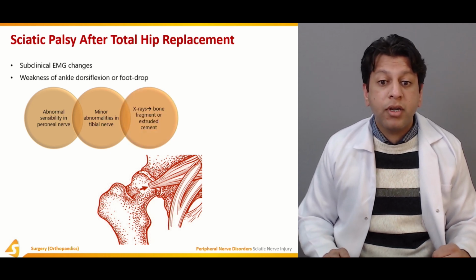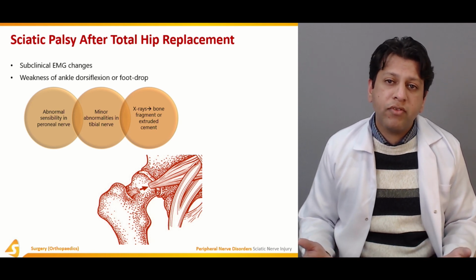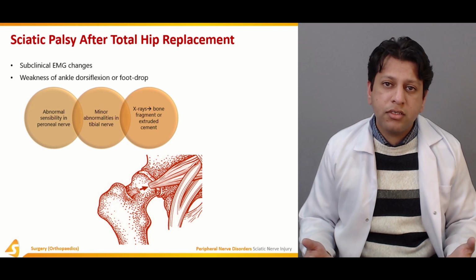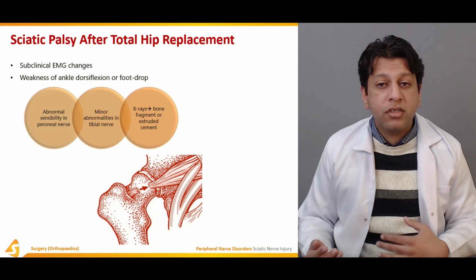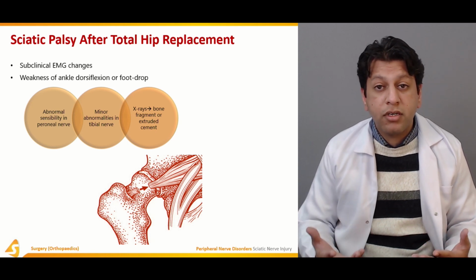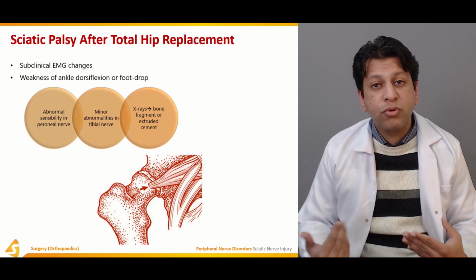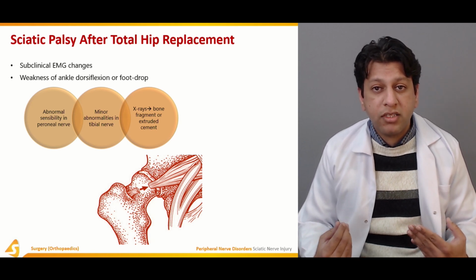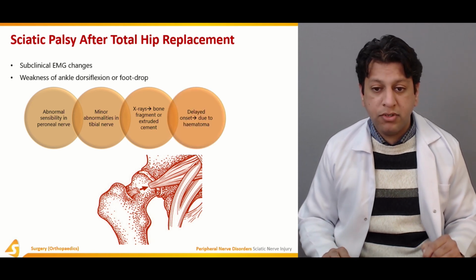Most commonly, if it's cementless surgery, then the common injury is through the traction and the cautery. But if a cemented arthroplasty was done, then the cement which is extruded out of the femur can either impinge on the nerve or, due to its heat, the nerve can get damaged.